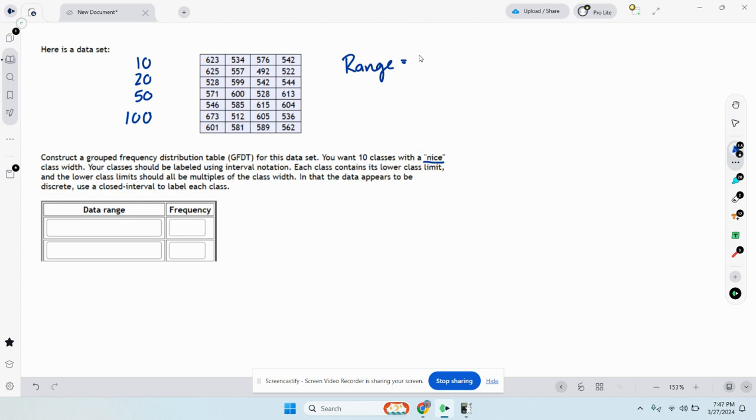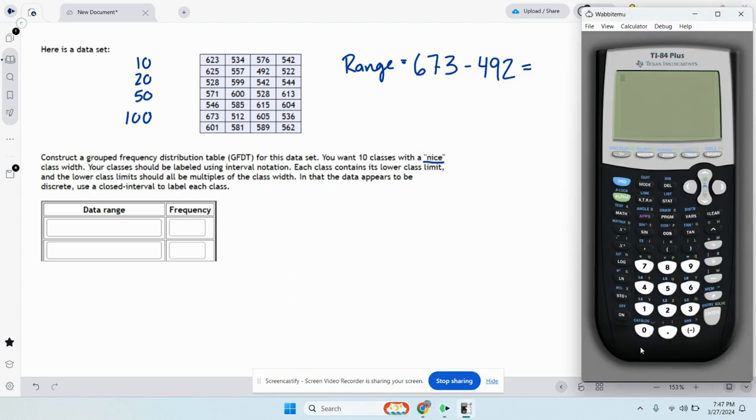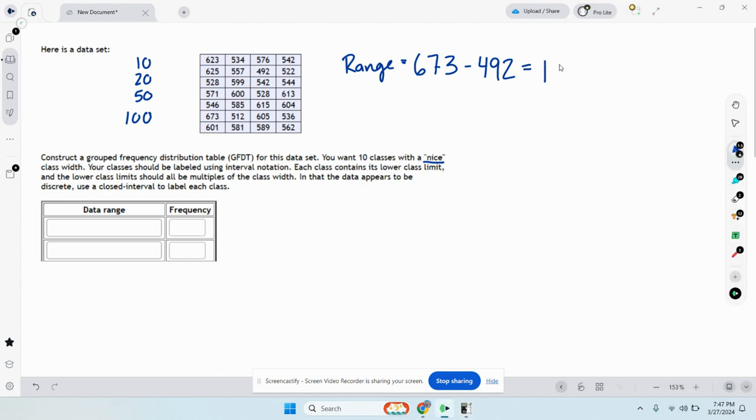Looks like 673 minus the smallest, looks like 492. So if I put that in the calculator, I get a range of 181.